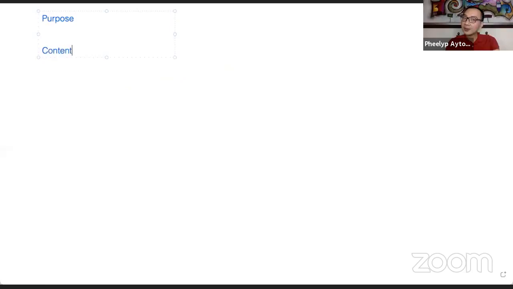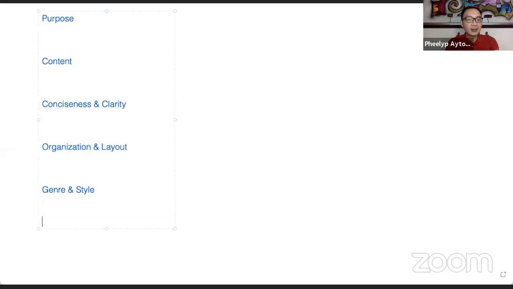Then we have content. And we have conciseness and clarity. We have organization and layout. We have genre and style. And then we have language. 6 criteria.